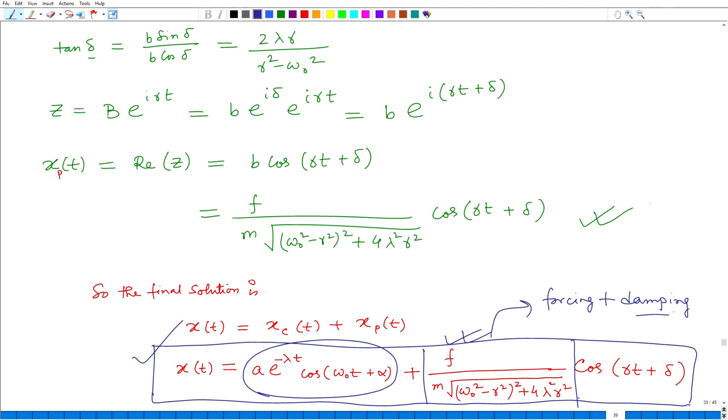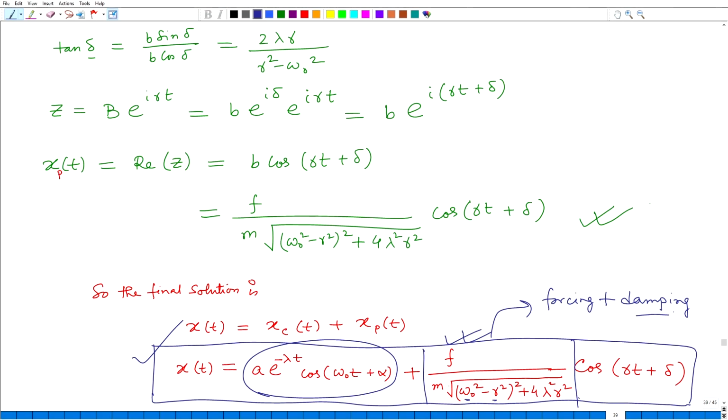Where there was no damping, we found that the amplitude blows up when omega 0 is equal to gamma. But here, even when omega 0 is equal to gamma, the amplitude is not blowing up, because you have a non-zero lambda, the dissipation. Again, if your medium has no dissipation, so lambda is 0, you will have this problematic case where your amplitude is blowing up.